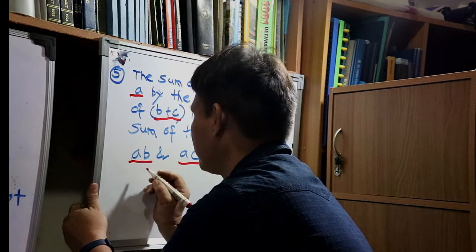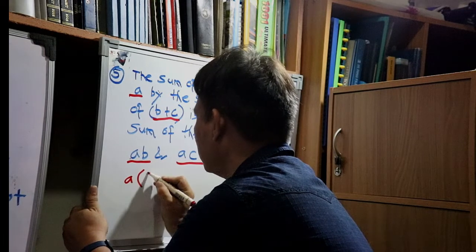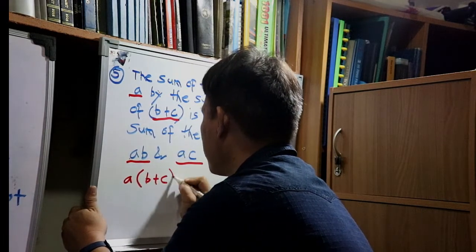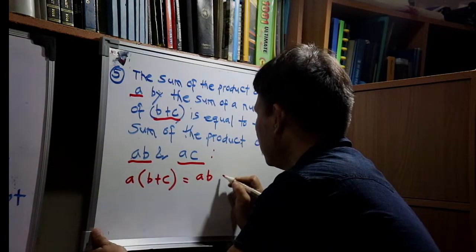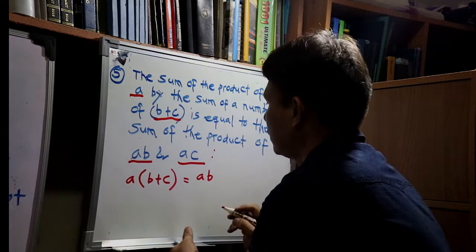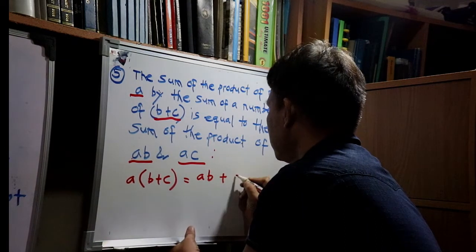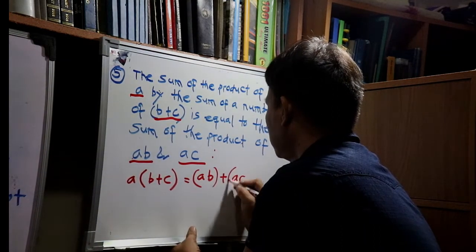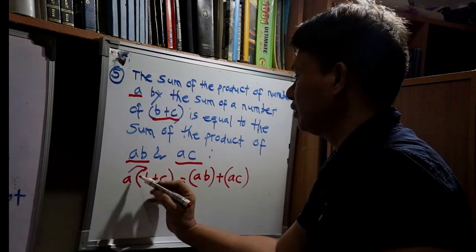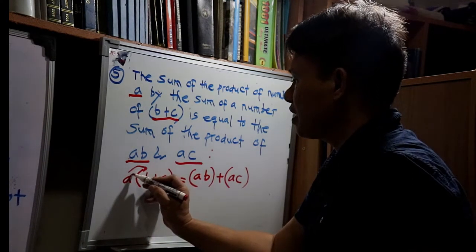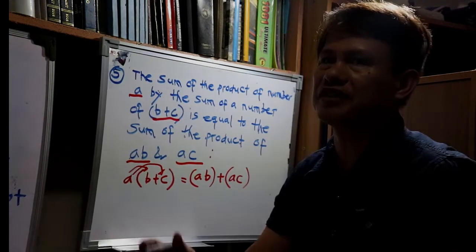A times B plus C is equal to AB plus AC. We get A times B and also A times C. We distribute. Just meant to say distributed.